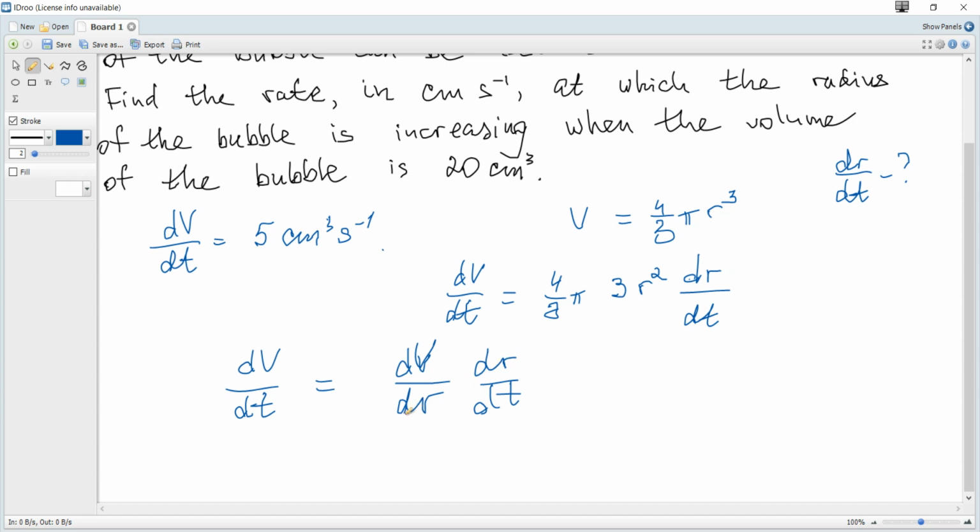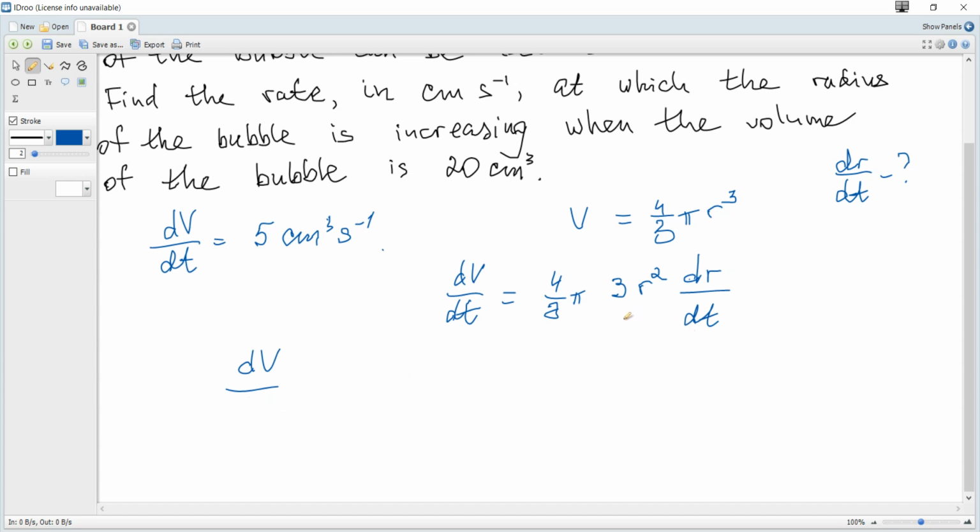You can see that dr cancels out, and the derivative of V with respect to r is like x cubed with respect to x, the usual derivative, so it becomes just 3r squared. But additionally, you should write dr over dt, and you can see that it's absolutely the same.